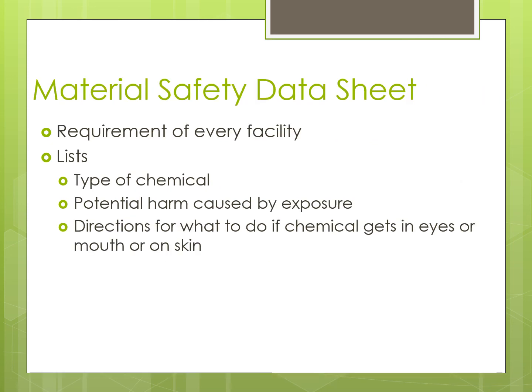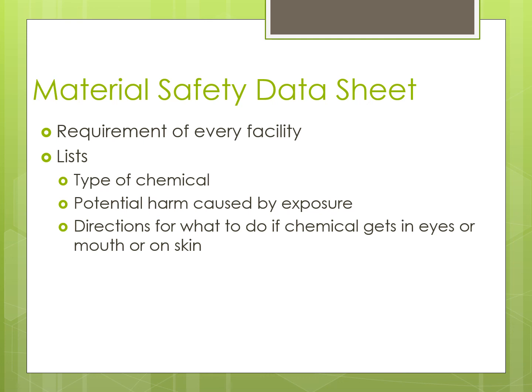And your MSDS sheets, material safety data sheets, if you do happen to come in contact with a chemical or a poisonous chemical in the workplace, every workplace has an MSDS book that shows you what that chemical is made of and what's required for you to do in case you have an exposure to a chemical, even a simple chemical such as whiteout.